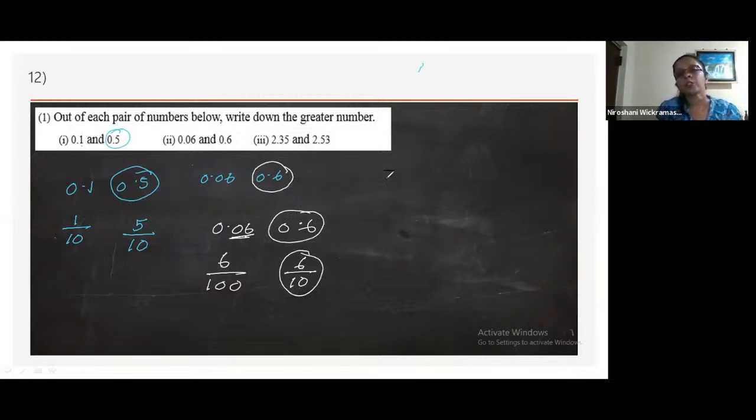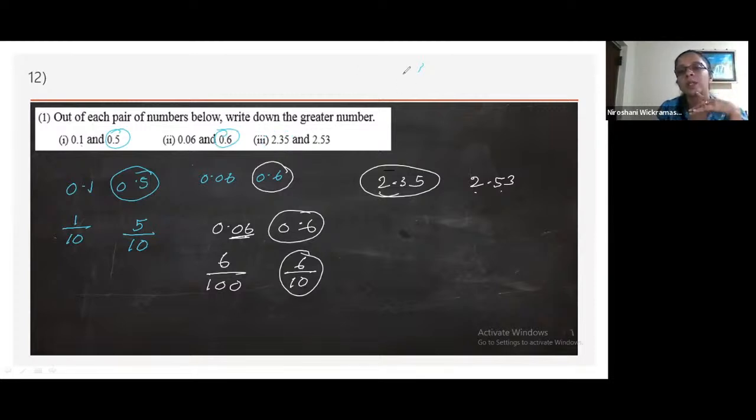Next one, 2.35 and 2.53. Now look at here. This one's unit place is 2, and the other is 2, so equal. Here 1/10 place is 3, and there 1/10 place is 5. So this is the greatest one, right? Sorry, this is the smallest one.